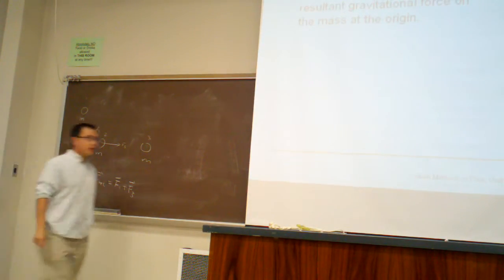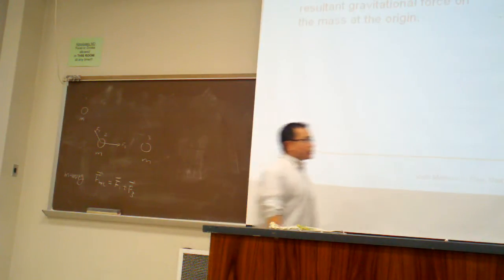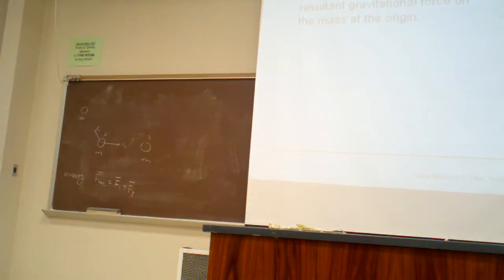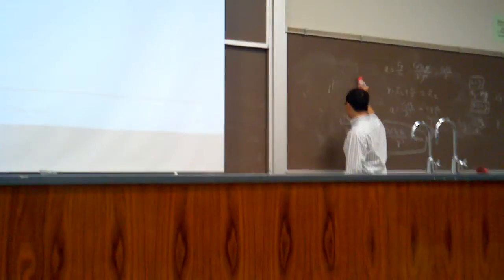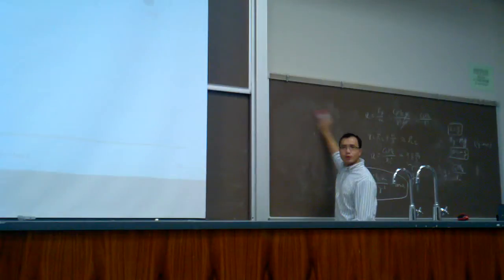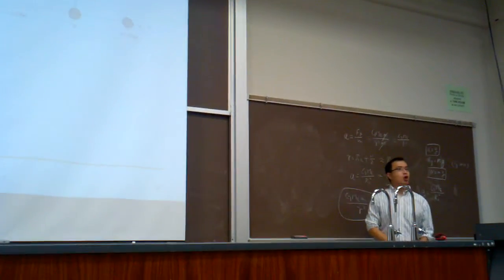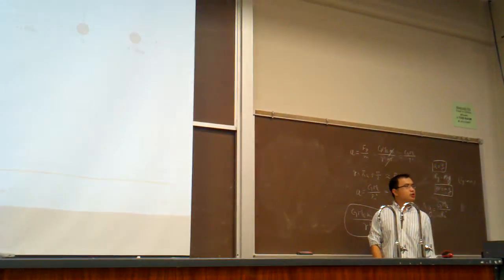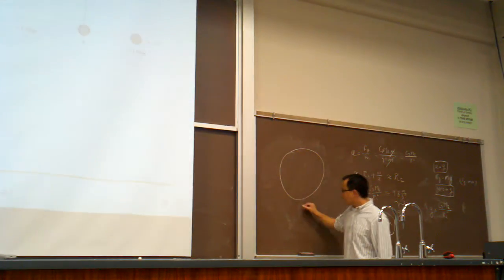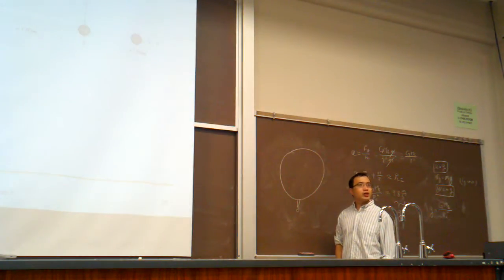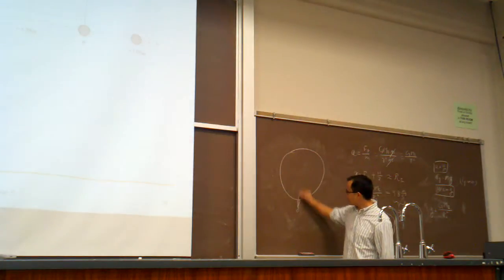Oh, by the way, after we start this part, you have to change your concept a little bit. Previously, we always said that the weight is always downward. Is it always true? No. Consider this is the Earth. When you are standing here, what is the direction of the weight? Upward like this.